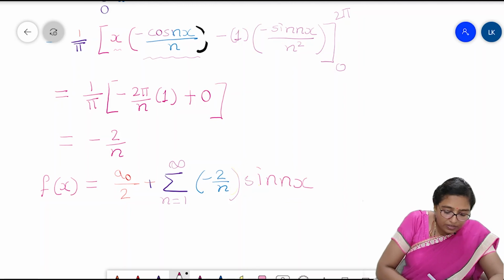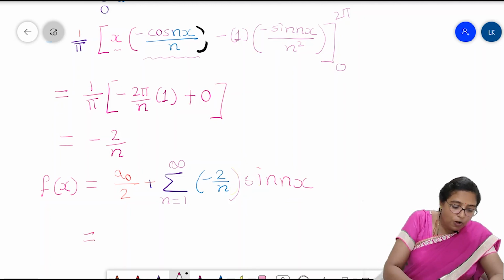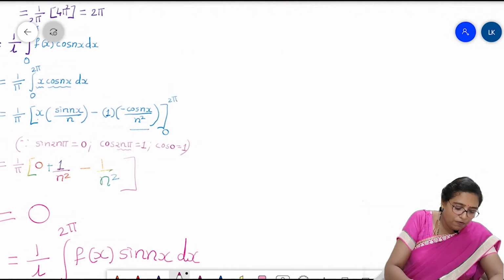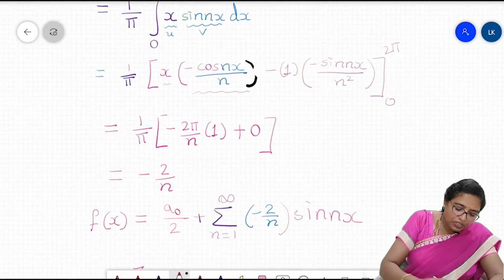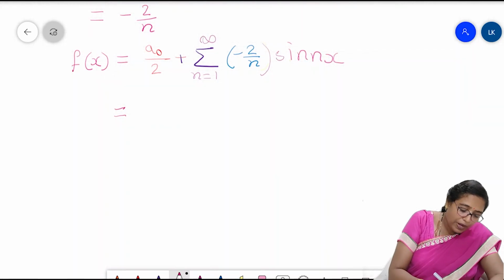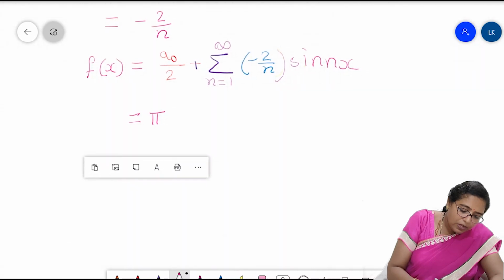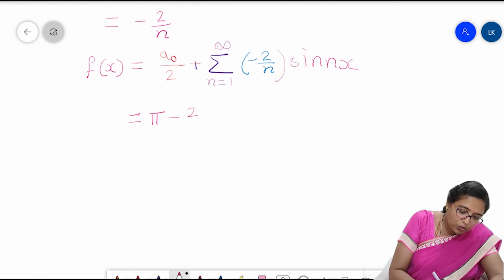This is our answer. What is the value of a0? We already found the value of a0. It is 2 pi. So substitute this value here, 2 pi. 2 cancel, that means pi, plus substitute the value of summation, minus 2 outside.